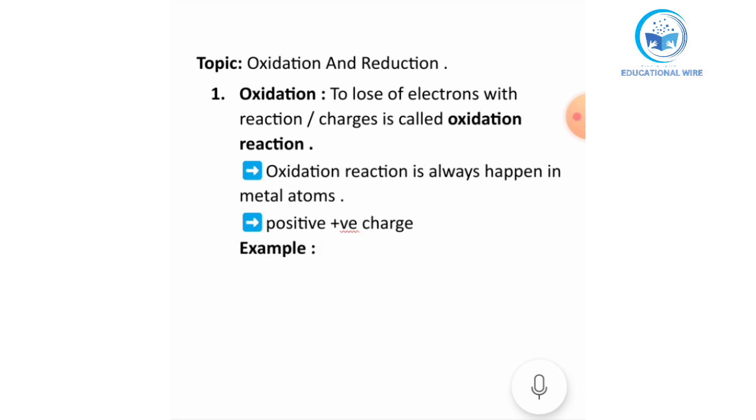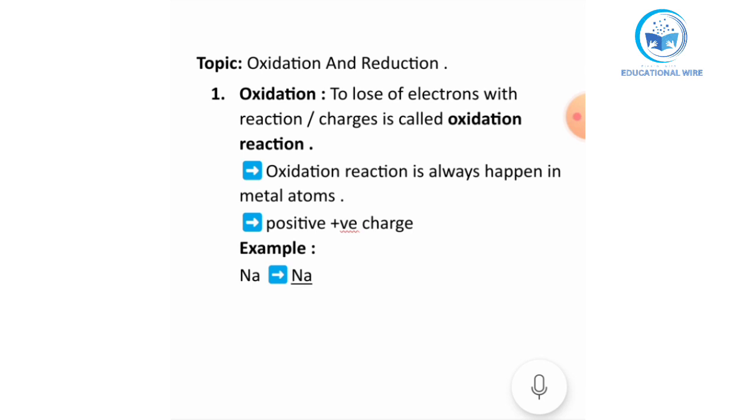We can take sodium, Na. We have sodium, and it's a metal atom. What happens during a reaction? Na has one extra electron in its shell, and an atom can take at most 3 electrons, so it will lose its electron.